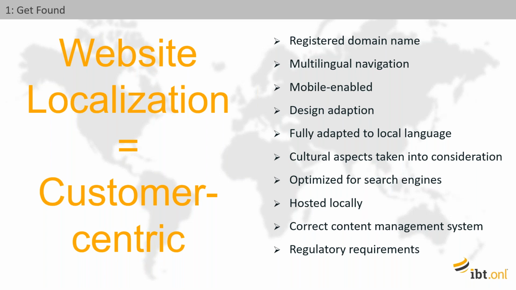And we're going to talk through some of those things, not at great length, but at least we're going to skim over and hopefully encourage some thoughts, some discussions, some questions. You'll see that about, I'd say 2/3 of them, well, certainly half, are really techie. They're about things like domain names and multilingual navigation, regulatory requirements, and content management systems.